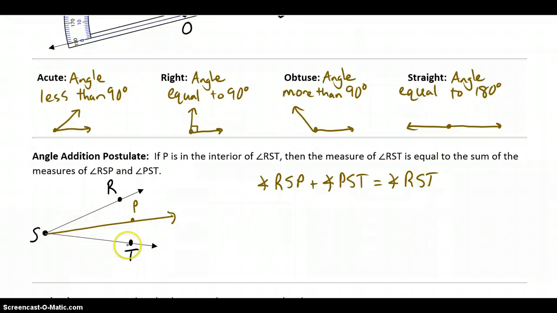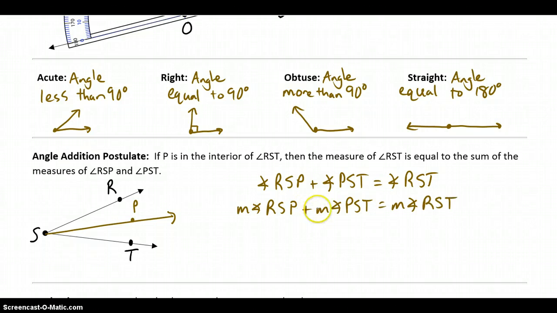If I measured these angles, I can figure out the measure of each one of these angles by just plugging in the numbers. So the measure of angle RSP plus the measure of angle PST equals the measure of angle RST. And if I know 2 of these, I can figure out the third just by doing math or algebra.